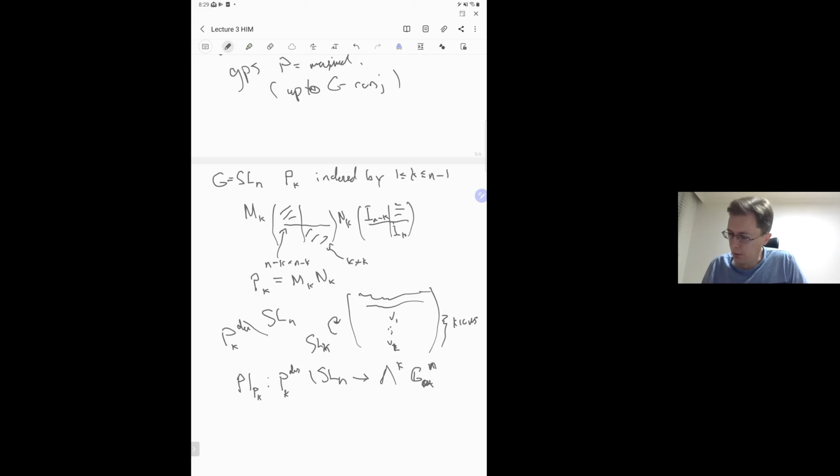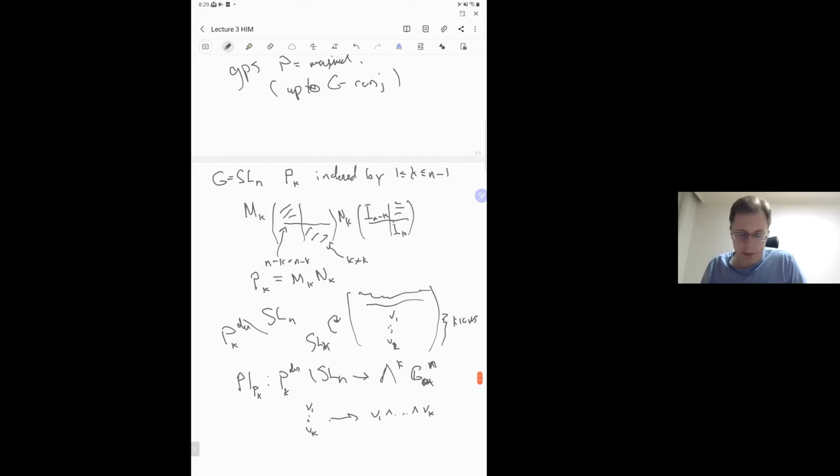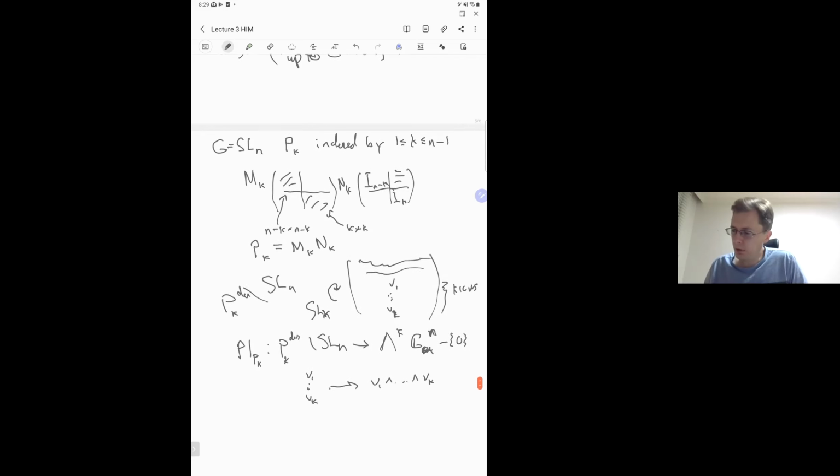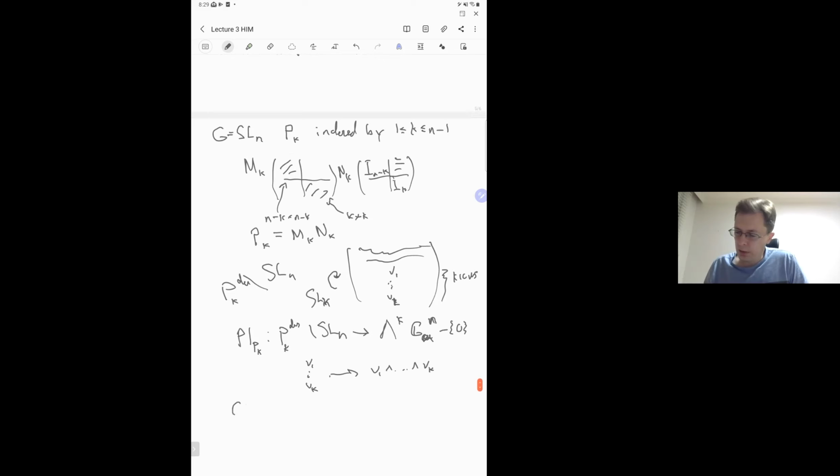So it's the kth exterior power of this vector space, and it just sends my v_1, ..., v_k to v_1 wedge through v_k. All right. And if I take the closure of this thing, all I'm doing is, if I think about it, it lands in the complement of 0 here, and the closure just adds 0.